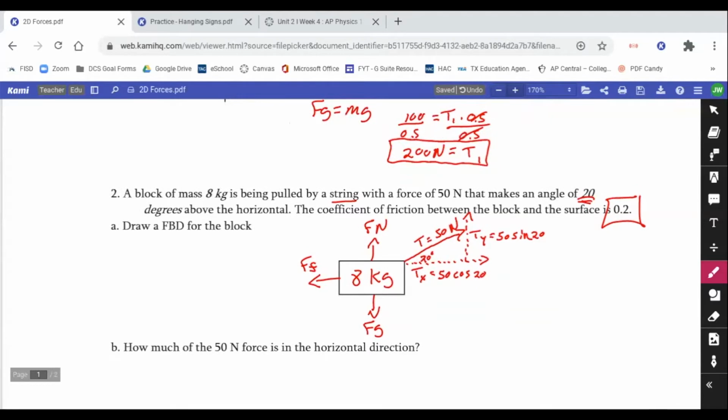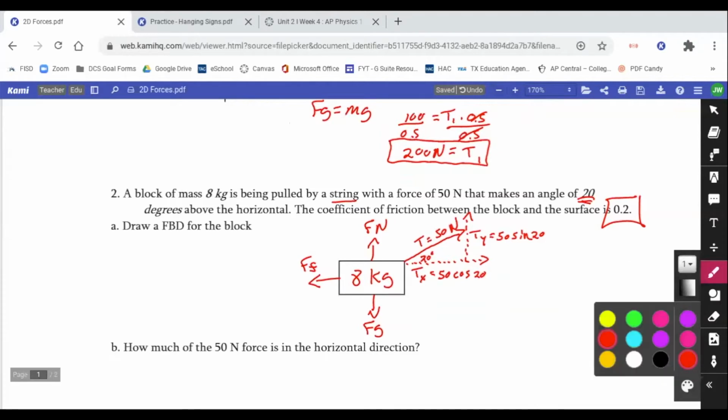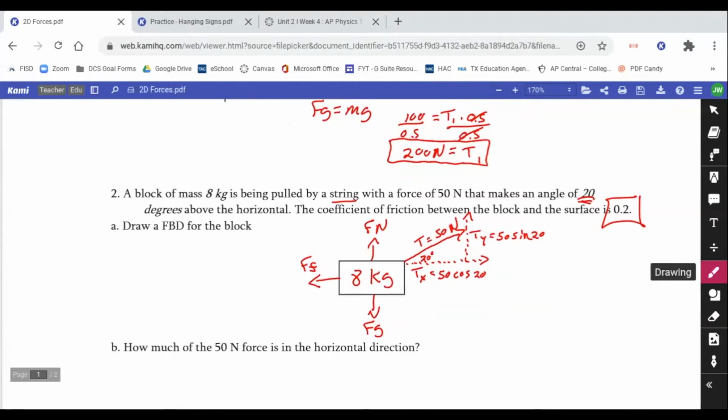If I'm drawing a free body diagram for an actual test, let me change the color of my pen. I'm gonna totally go professional and make it black. A free body diagram on a test: they give us a dot. Maybe we want to draw a box around it, maybe not. My force of gravity goes down, so I'd have Fg. I've got another force of tension that's 50, so it's going to go off like this.